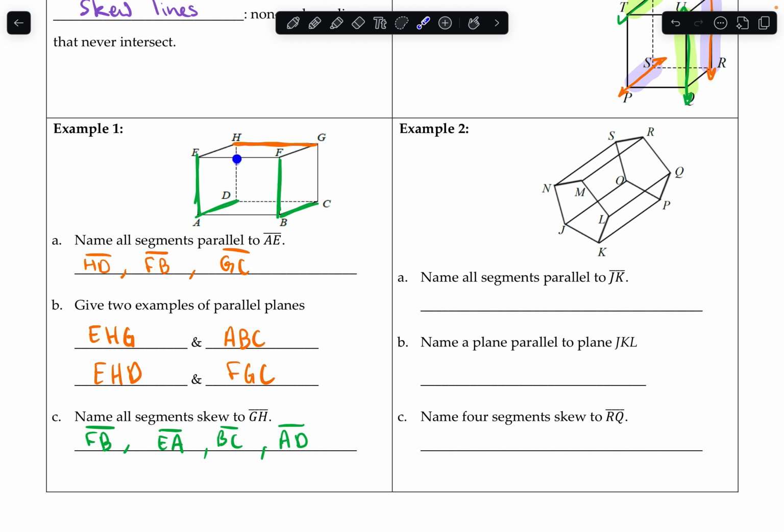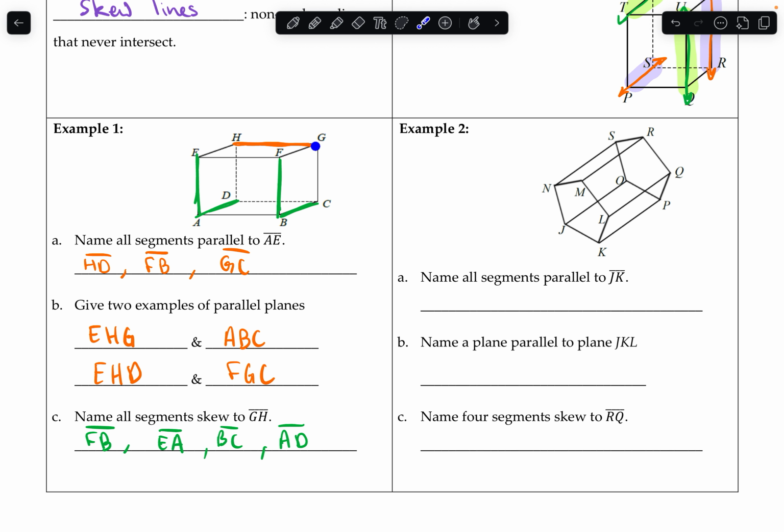If I went through all these other ones, HD obviously intersects at H, GC intersects at G, FG intersects, EH intersects. This one's parallel. This one's parallel. The only other one that we have would be AB, and AB is technically parallel as well for the same reason that we did earlier whenever we were identifying parallel lines.